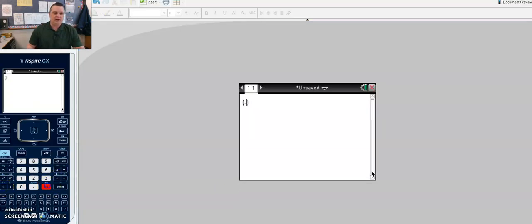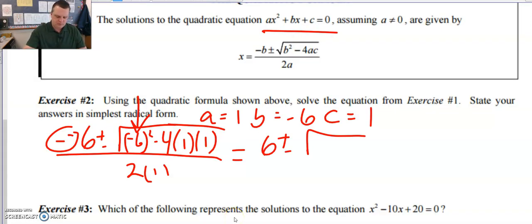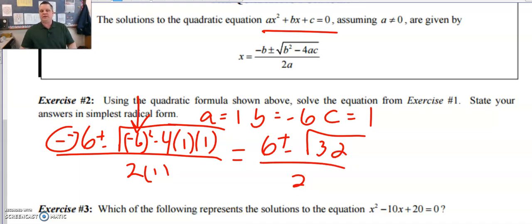So if you wanted to use that negative 6, make sure you leave it in parentheses, you square it, negative b squared, and then you have minus 4 times a times c. Enter, and you get 32. Okay? So then we have 32 all over 2. 32 breaks down to, and this is what we did with radicals previously, 32 breaks down to the square root of 16, square root of 2.